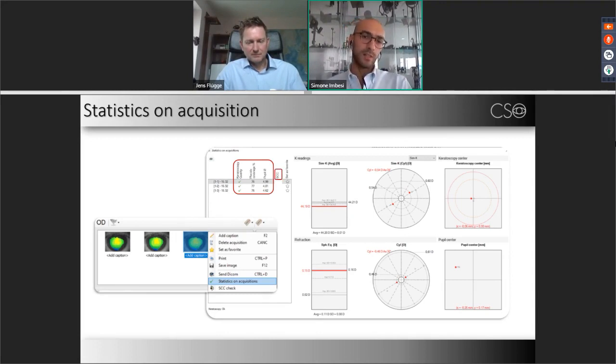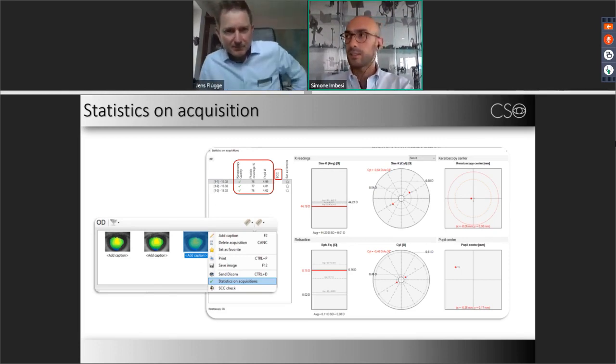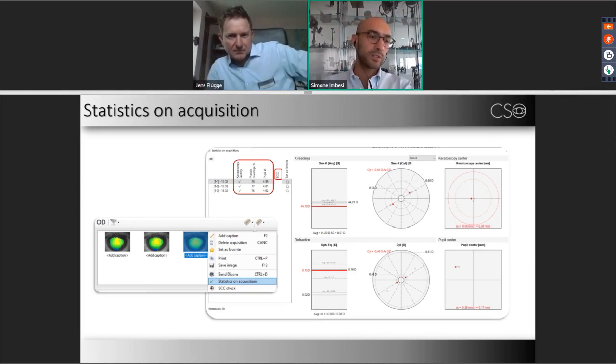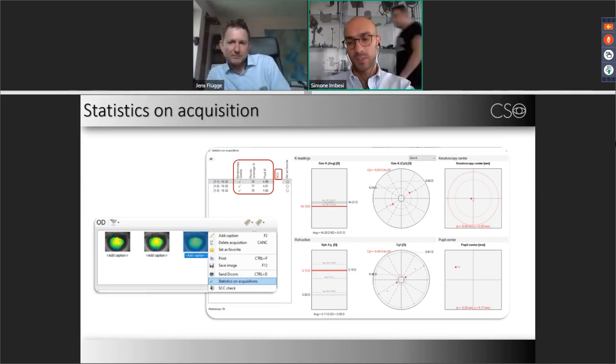Another important thing that we have to pay attention to is the SCC value. That is a procedure that is important to orient the laser treatment. The SCC consists just of a frontal picture of the eye that is acquired before the topography.